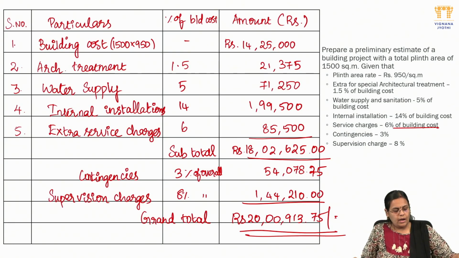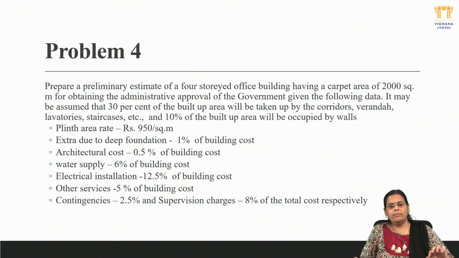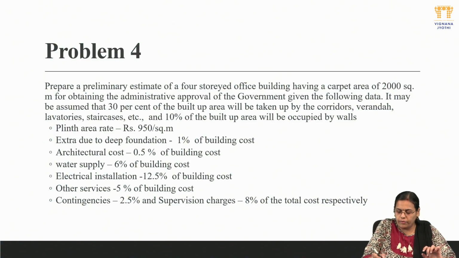Fine. Now we move on to the next problem on the same topic. Prepare a preliminary estimate of a 4-storied office building having a carpet area of 2000 meter square for obtaining the administrative approval of the government given the following data.